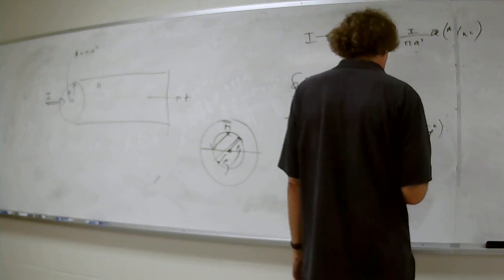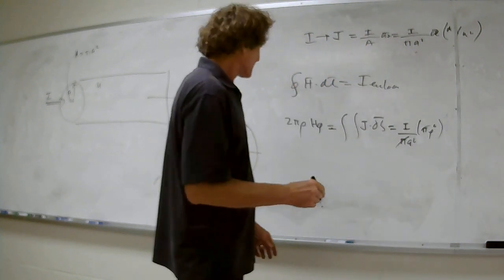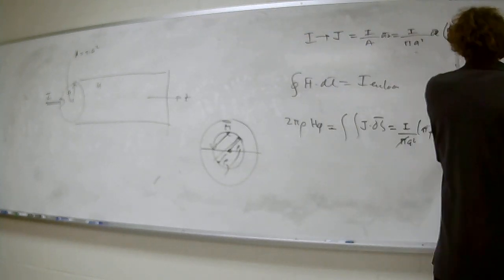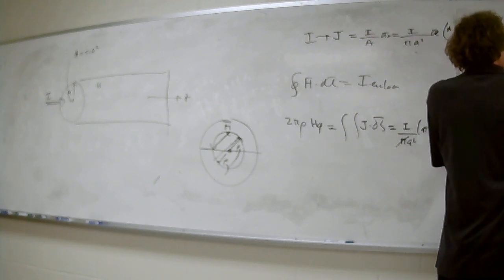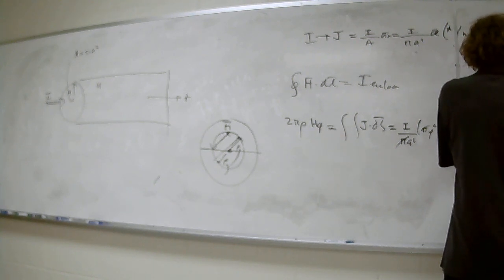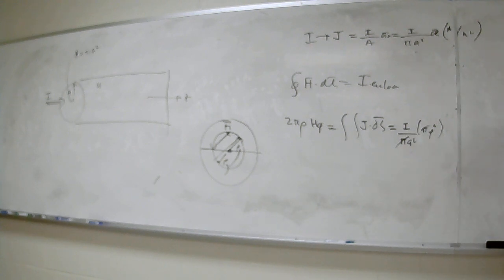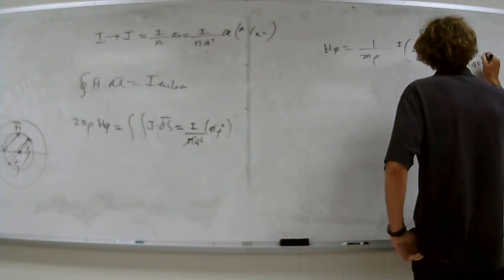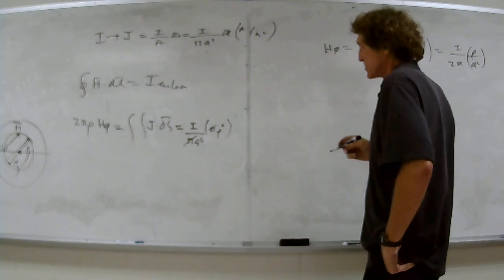I've done the integral over there, so I divide by 2 pi, and so H_phi is equal to 1 over 2 pi rho, times I, and here I have rho squared over a squared. So it's really going to be I over 2 pi, and it's rho over a squared, and that would be H. Do you all agree with that?